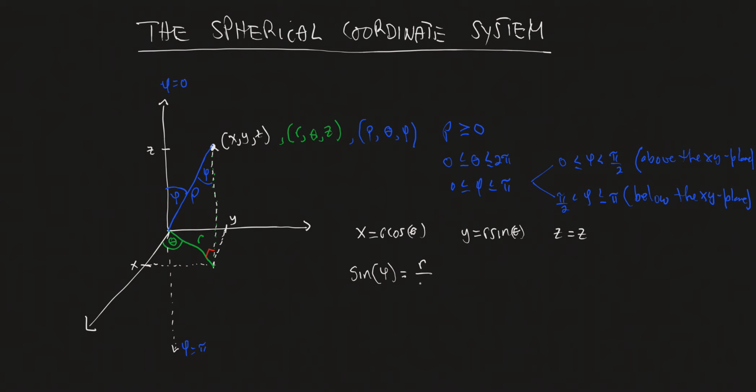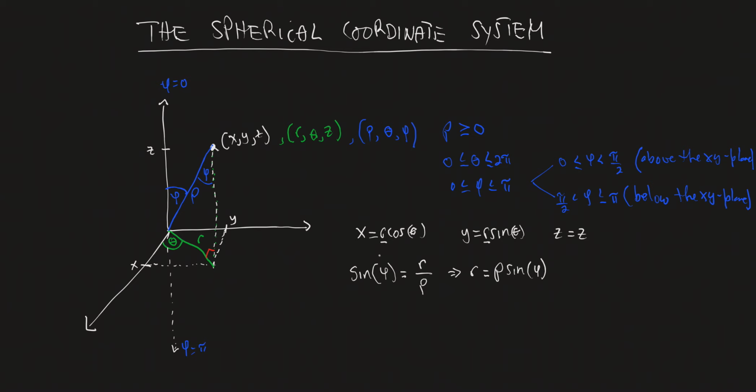Which is nice now, because anything that has an r, if I can solve this equation for r, which I think we all can, we get that r is rho sine of phi. Then that gives me a way to express x in terms of rho and phi, and also y in terms of rho and phi, because I can basically just replace these r's with rho sine of phi. So that's helpful.